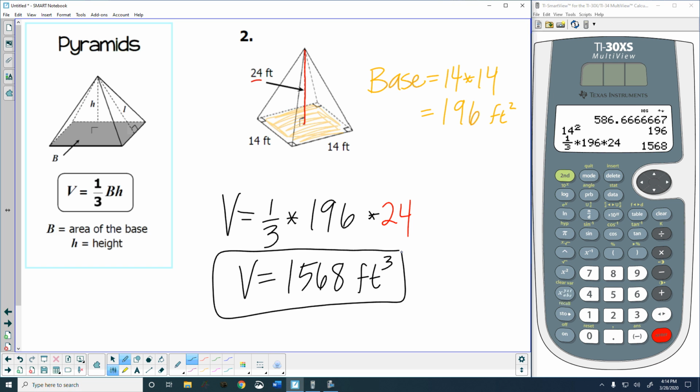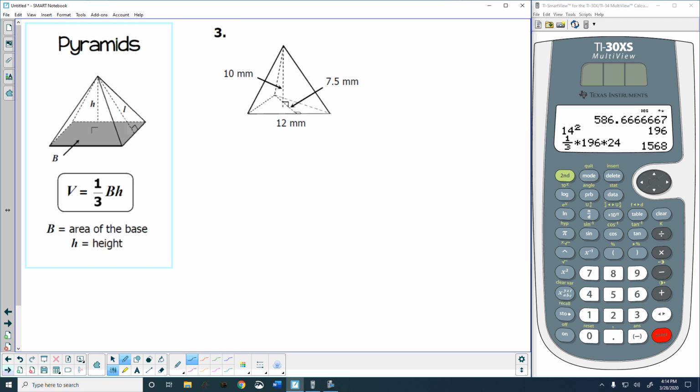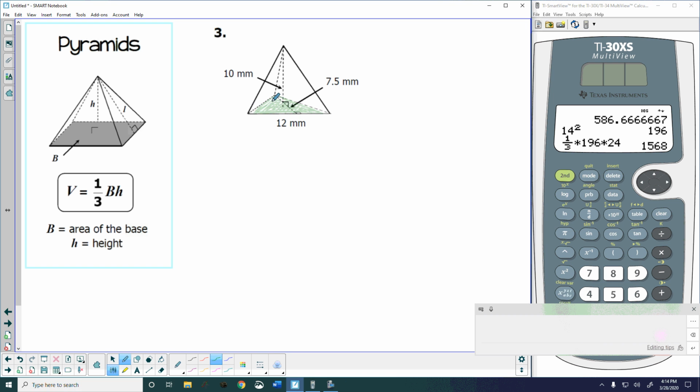Okay, this pyramid next is not a rectangular or square base, it's a triangular base. These ones tend to be the most tricky for people. Our triangular base right here is a little bit tricky to see in perspective like that, so I'm going to draw it out flat over here to the side.